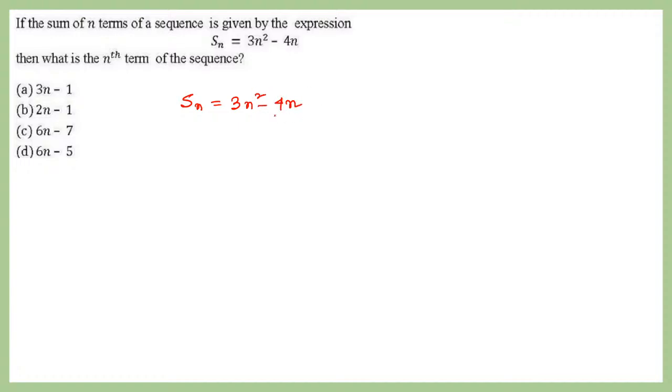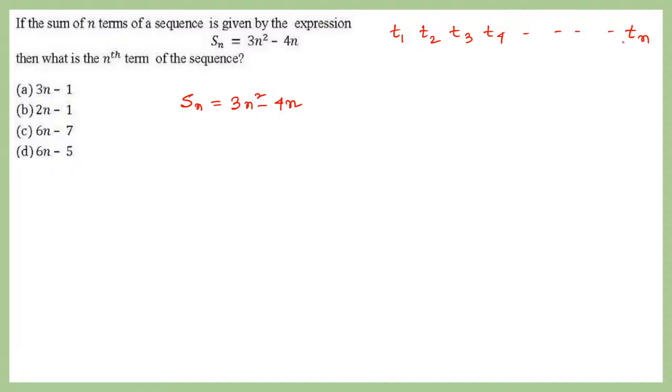That is, Sn is the sum of n terms of a sequence, and we don't know how the sequence looks, or how the sequence gives the sum as Sn, but we can assume that the sequence is like this: T1, T2, T3, T4, ..., Tn, where T1 is the first term of the sequence and Tn is the nth term of the sequence.